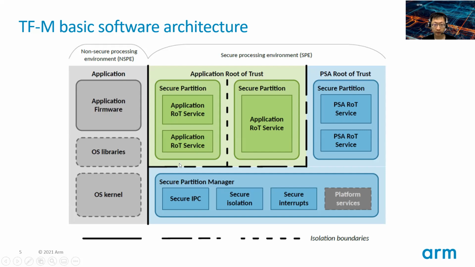The black line in this picture is the isolation boundary. The boundary can be different under different isolation levels. The SPM, Secure Partition Manager, manages the partition threads and provides the interface for partitions to communicate.